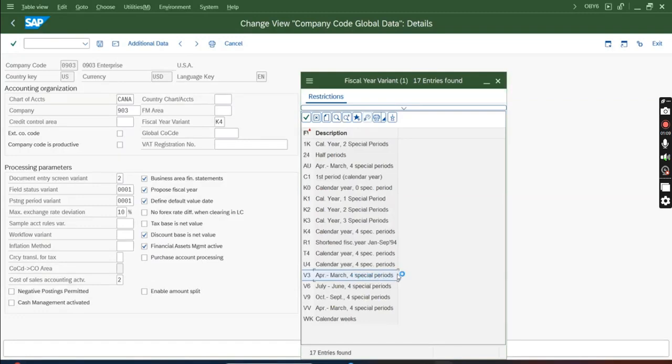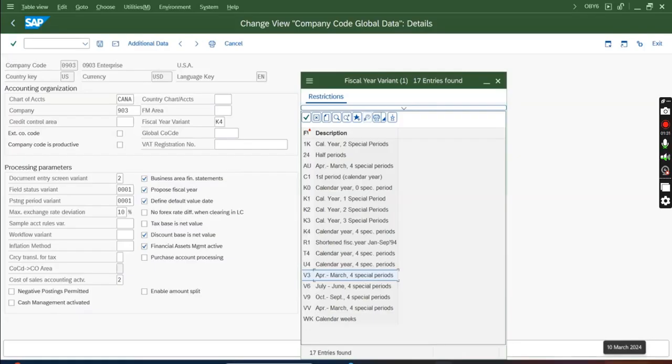So what is the purpose of using special period? Sometimes the FI team uses a special period. For example, suppose a posting period is closed. In production, you'll see there will be different posting periods. For example, right now for a US company, posting period 3 will be open, because this is March.